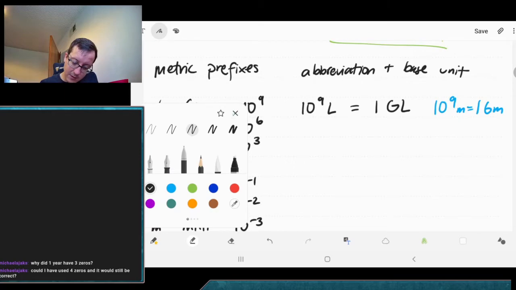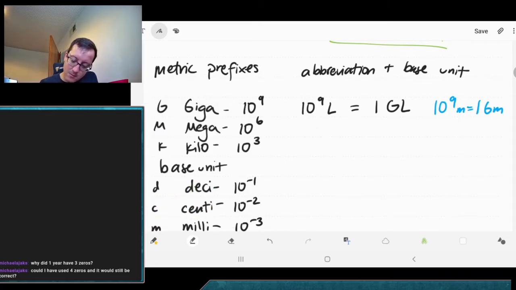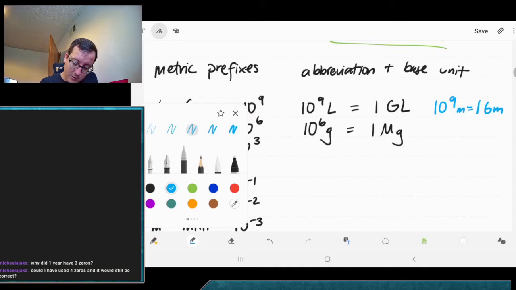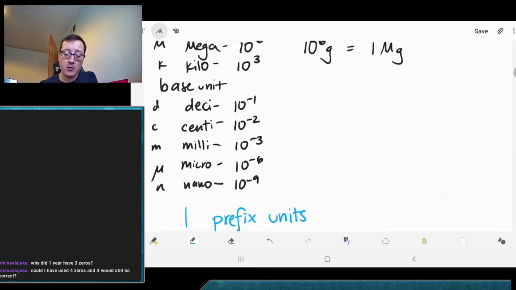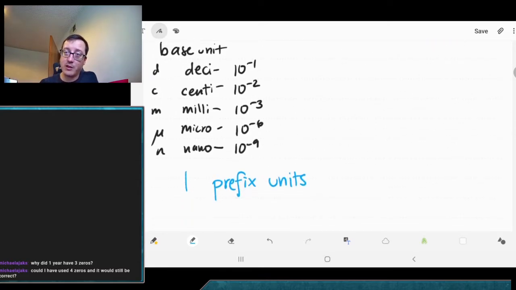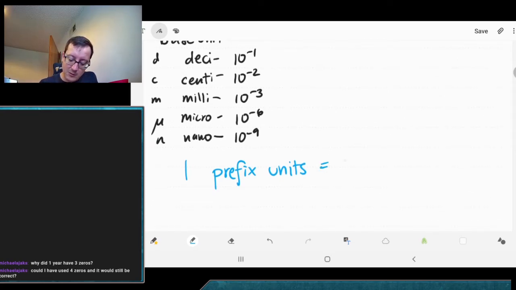If I wanted to say, okay, I have a megagram, capital M, lowercase g, g for gram, I would say, aha, well, that's just 10 to the sixth grams. We're going to see that one of your prefix units, whether you're using nano, micro, giga, whatever your prefix and unit are, is equal to that exponent times your base unit.